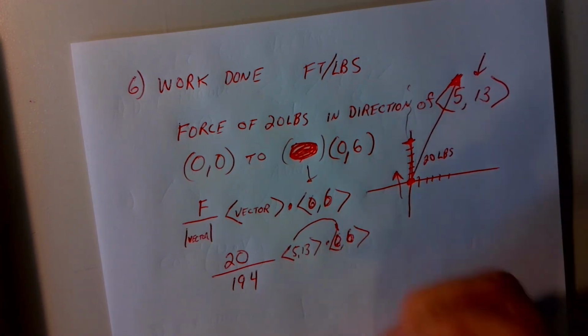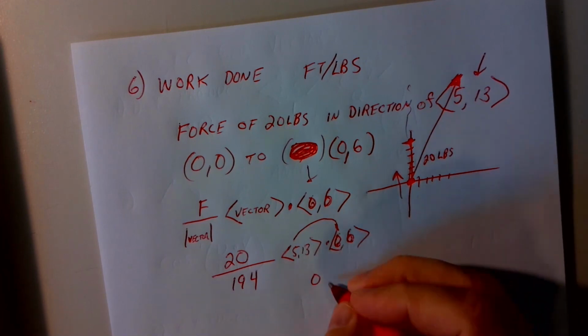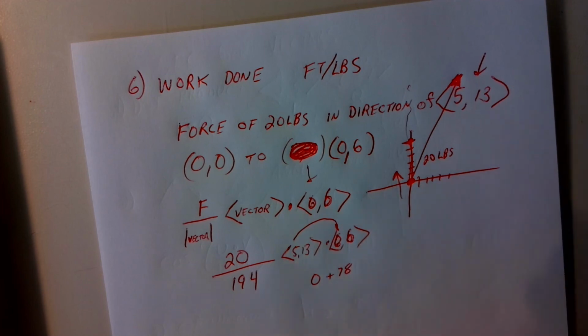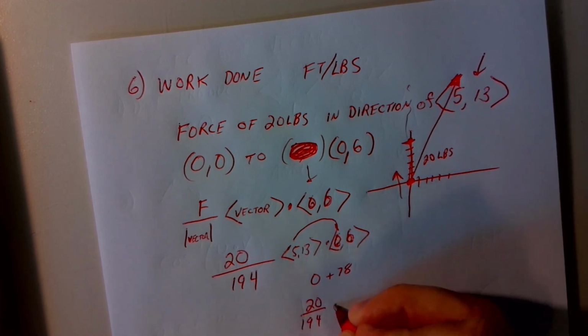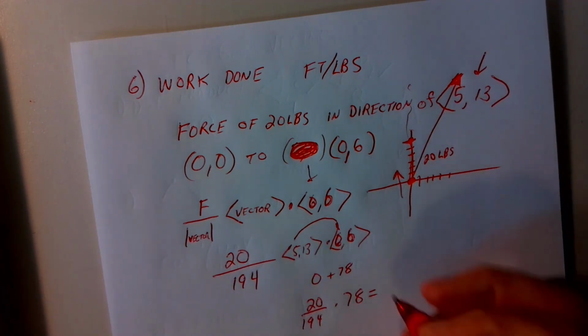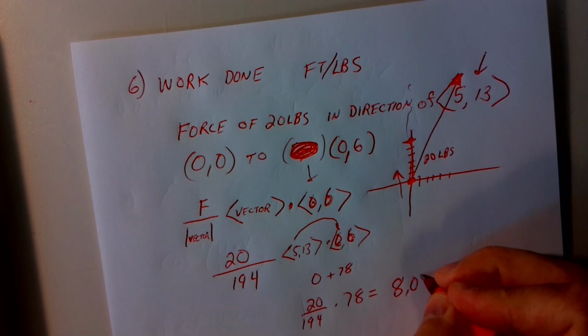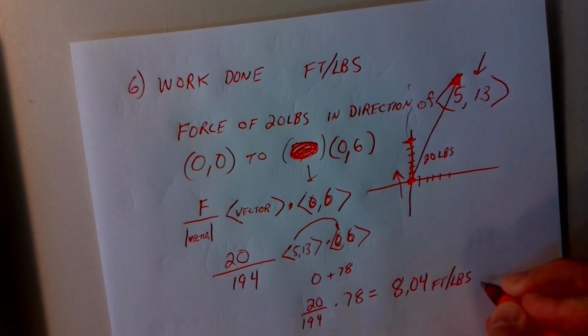The only difference is the results right here. 5 times 0 is still going to be 0. 13 times 6 is 78. Then I have 20 over 194 times 78. So 20 divided by 194, enter, times 78, enter, I get 8.0 foot-pounds of work done.